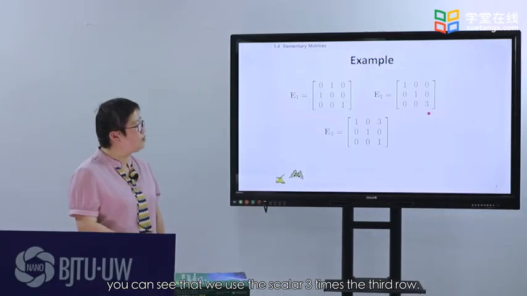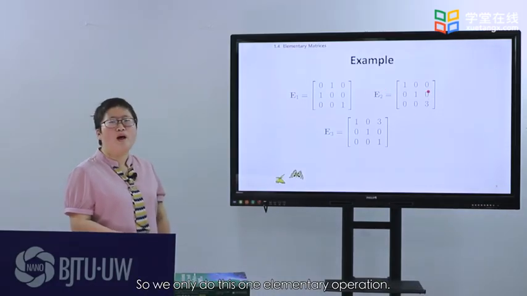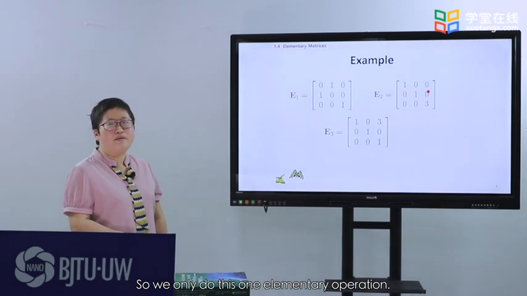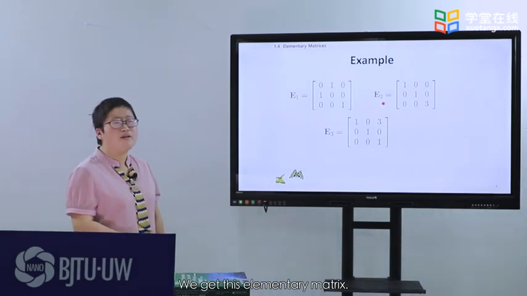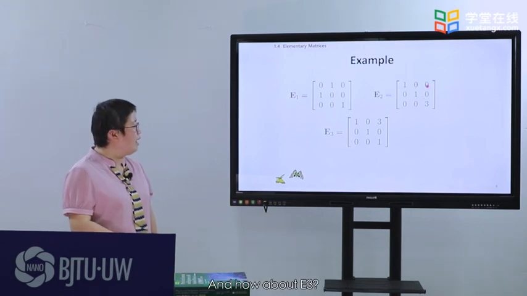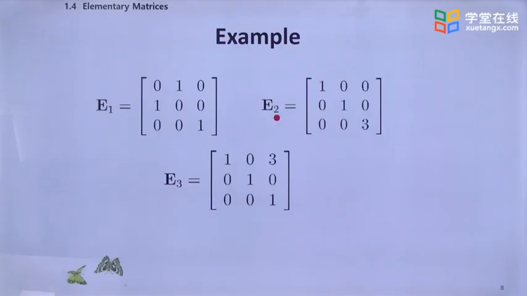We only do this one elementary row operation, so we get this elementary matrix. And how about E3? From the identity matrix, we multiply the third row by the scalar 3 and then add it to the first row. So we get this elementary matrix. This is a type 3 elementary matrix.